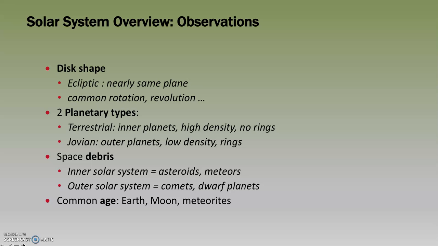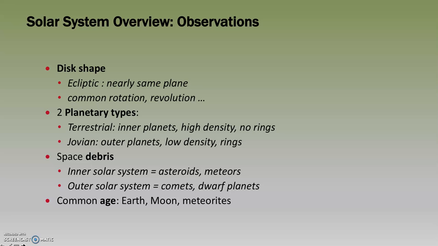What we're doing now is we are looking at the fact that there are four things that we know about the solar system. We know that our solar system is in the shape of a disk, and that disk has an ecliptic, which is a plane on which all the planets of the solar system revolve around the sun.